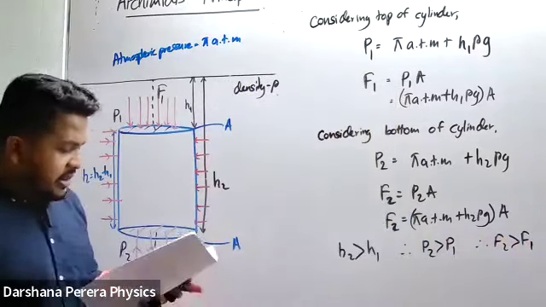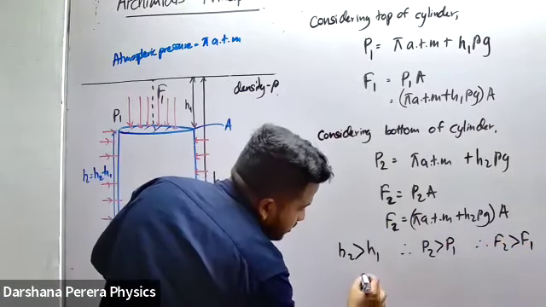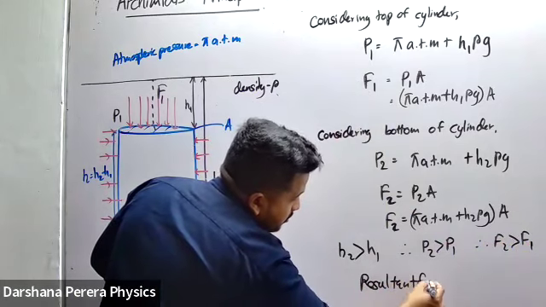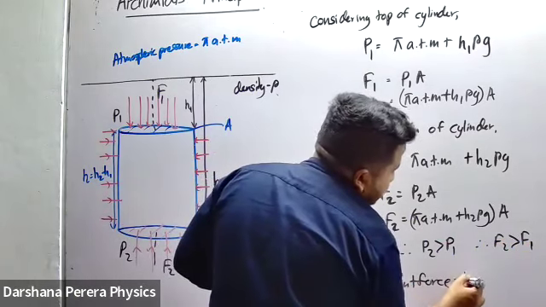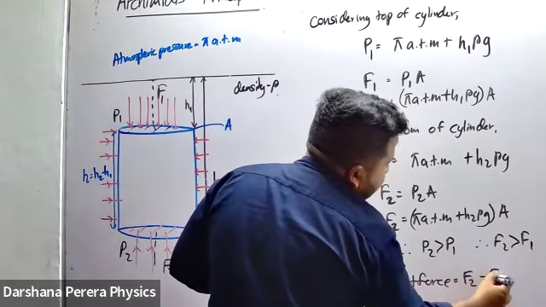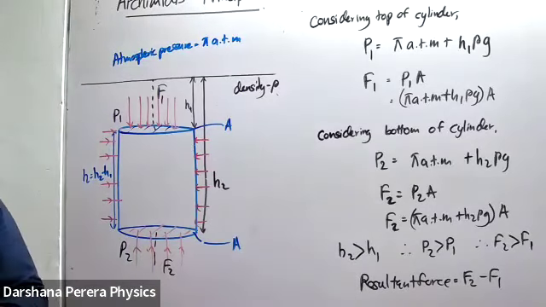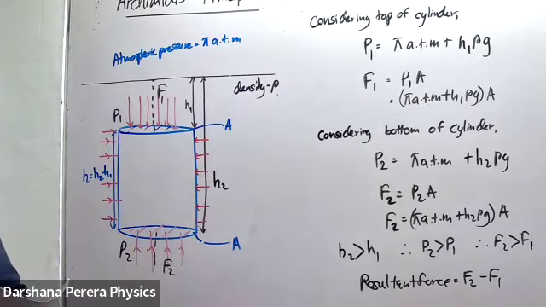Okay. Therefore, what is the resultant force? Resultant force acting by the pressure equals F2 minus F1. Okay. Right. Draw this one. I had limited space, so I will erase and write.